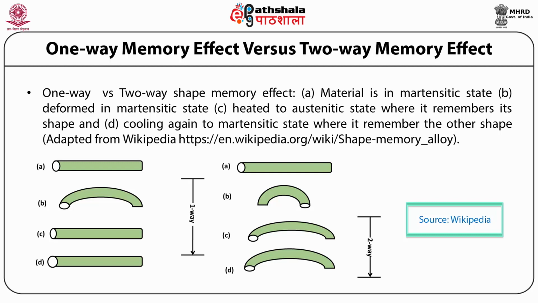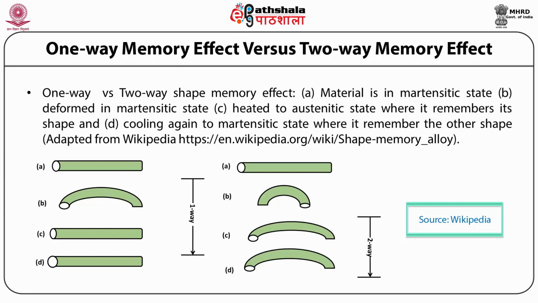The D figure shows that on cooling again to the martensitic state, no change takes place for the one-way shape memory effect.